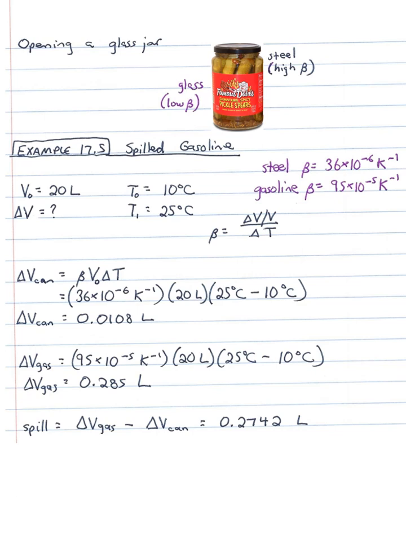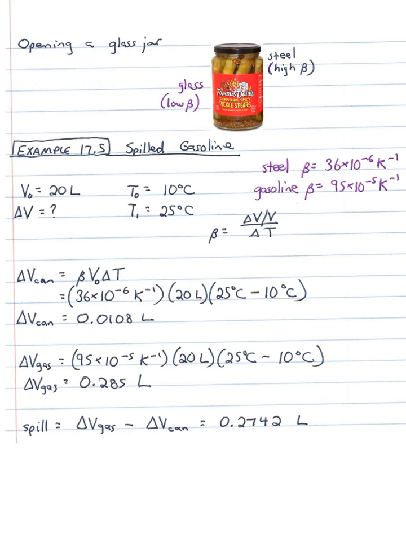Another application: I think of different ways to open a particularly tight glass jar, such as this jar of pickles right here. Well, jars of food, pickles, jam, jelly, things like that, tend to be glass, but the lid is metal, something like steel.